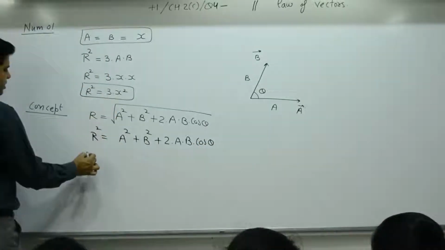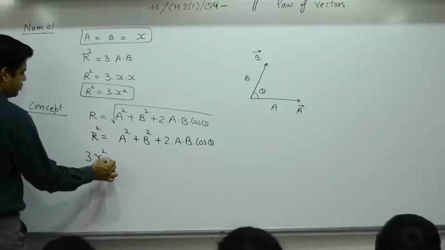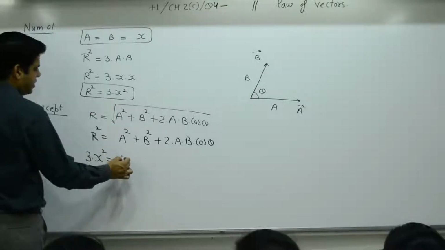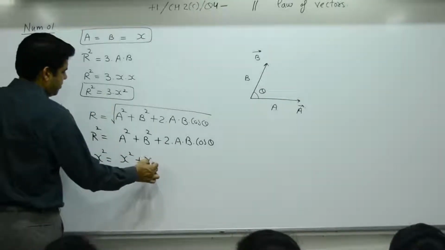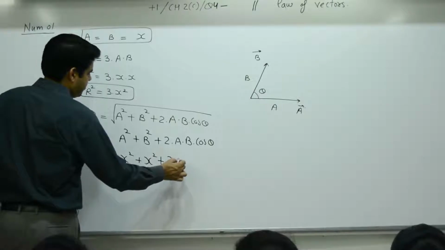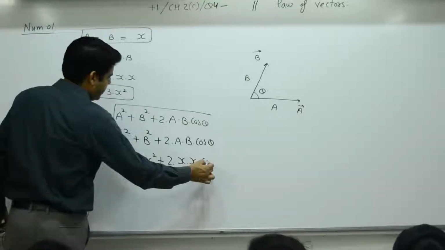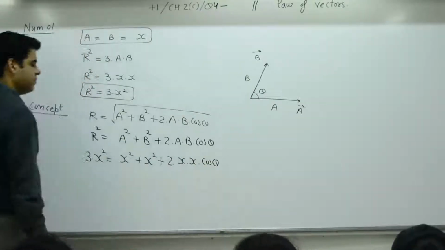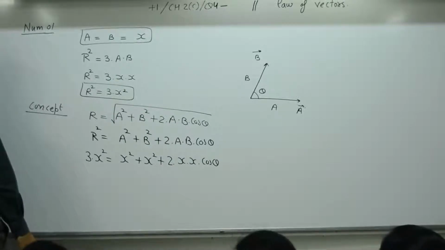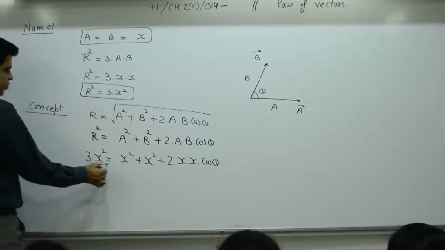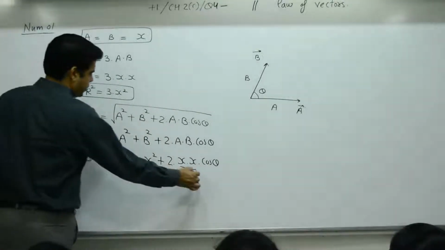R square is what? 3x square is equal to x square plus x square plus 2 x square cos theta. Agreed? In every term you have x square, x square, x square.